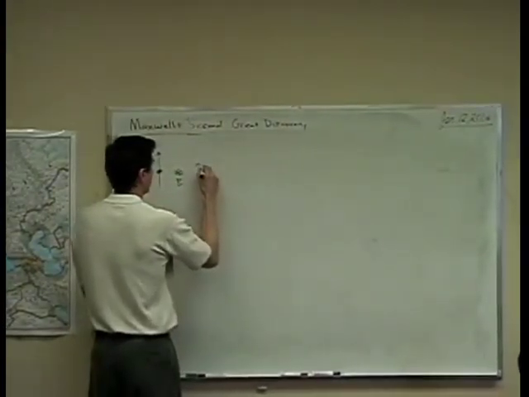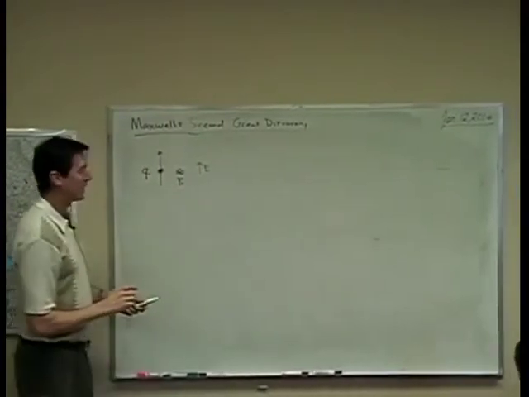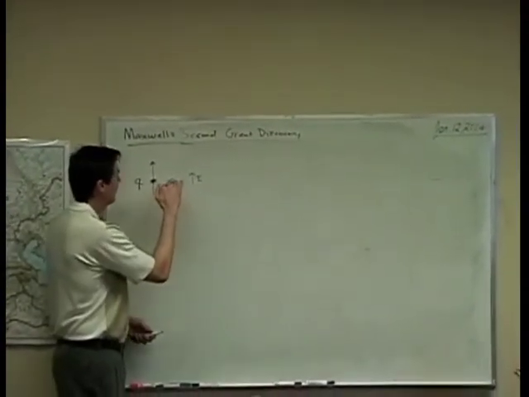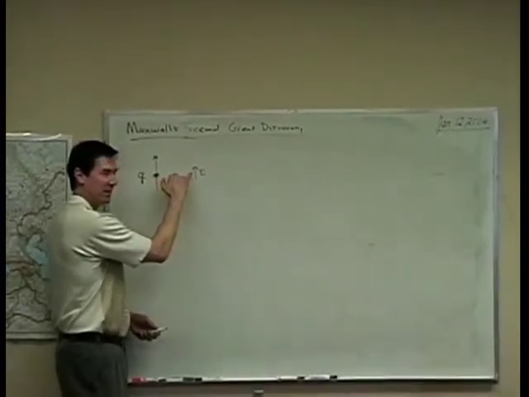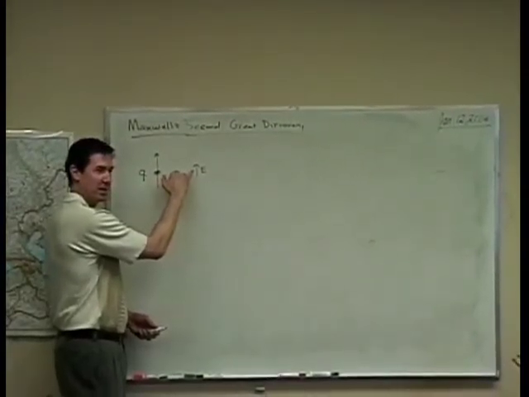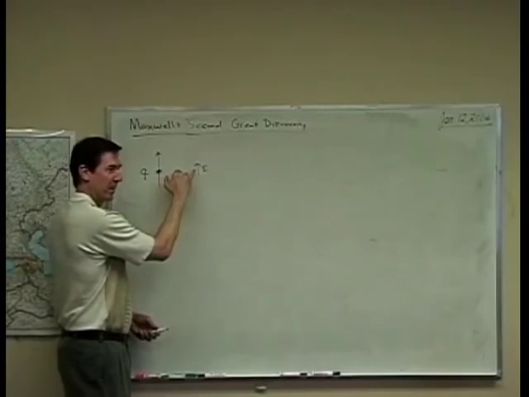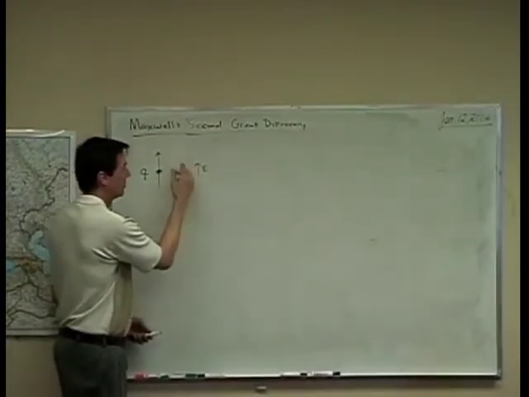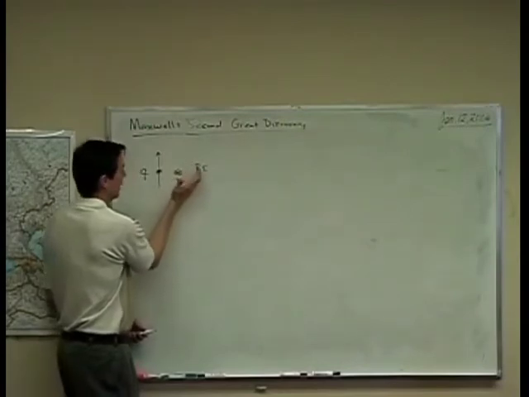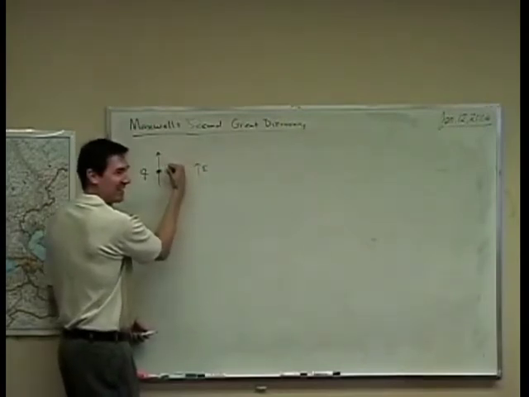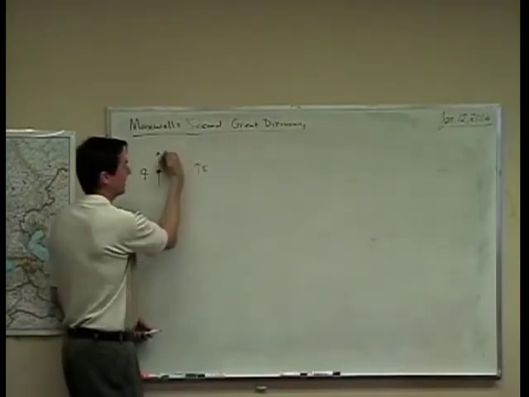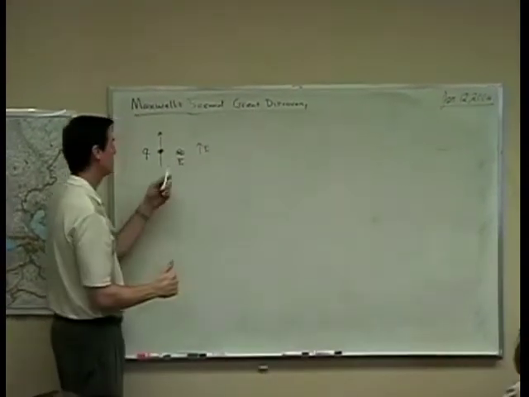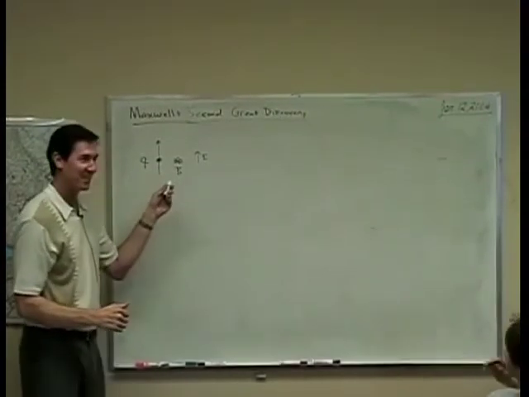How did you get that? Because if you have a B field that's increasing into the board here, if you had a loop here, you would generate a current that would oppose that. So the current would have to be in the counterclockwise direction to oppose that change in the B field.